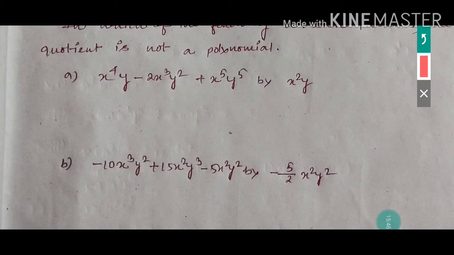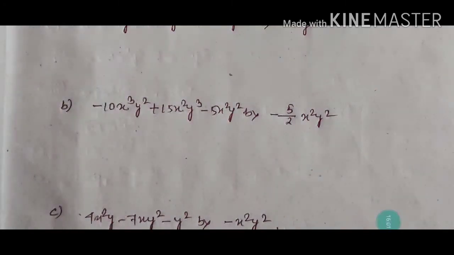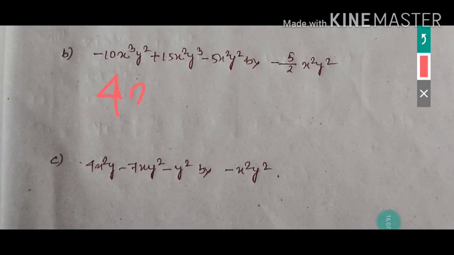Which one? x power 4, x square y. Wait, which one will I do? Option C, you see: 4x square y minus 7xy square minus y square. Here you divide by this term, na?